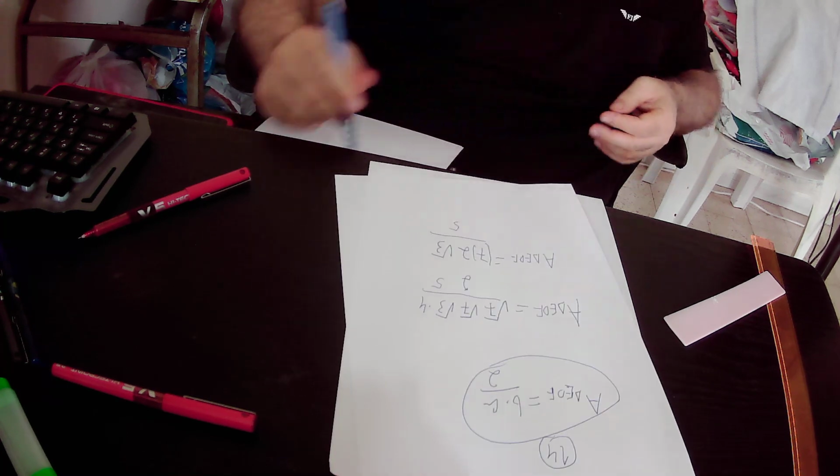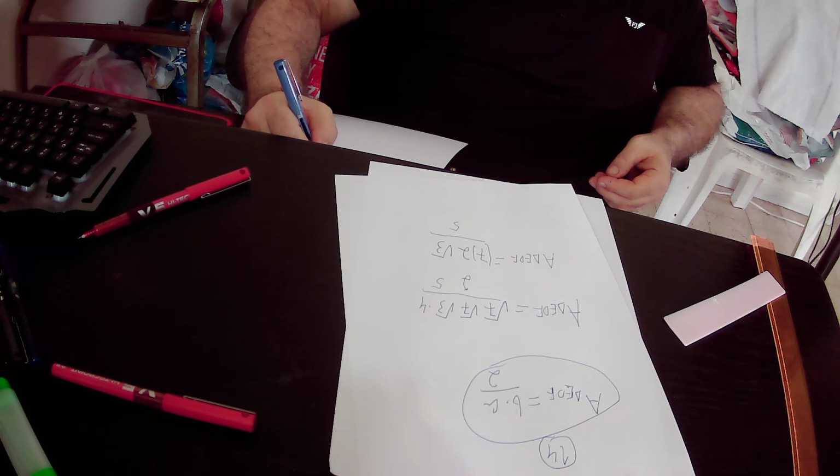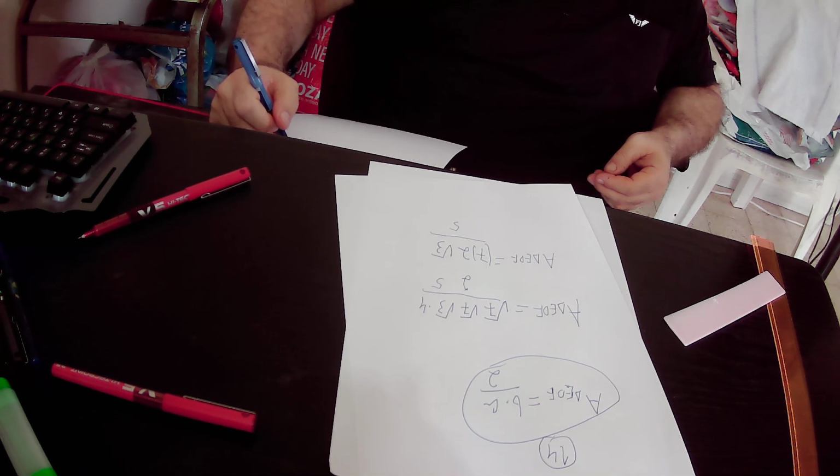So in total we got that the area of the green triangle EDF equals 14 times root 3 over 5 square units.